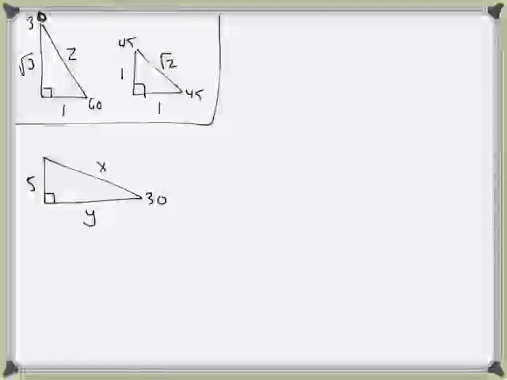So that should kind of match up with the 1. According to the pattern of the 30, 60, 90, the hypotenuse is twice as big, so 1 to 2 is twice as big, and the longer leg is the square root of 3 times as big. So in this one, our hypotenuse is twice as big, and the longer leg is the square root of 3 times as big.